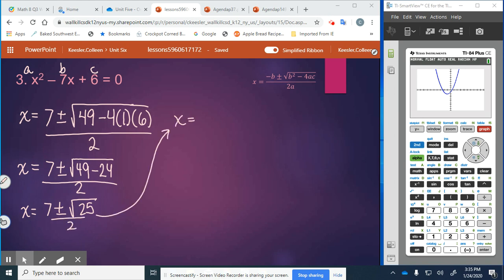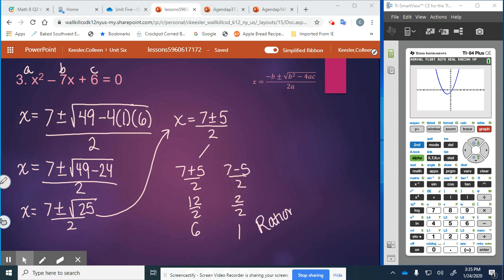We get x equals 7 plus or minus, no square root anymore, 5 over 2. So we could have 7 plus 5 over 2, or 7 minus 5 over 2, which makes this 12 divided by 2 or 2 divided by 2. So that's 6 and 1, which are rational roots because they're whole numbers.